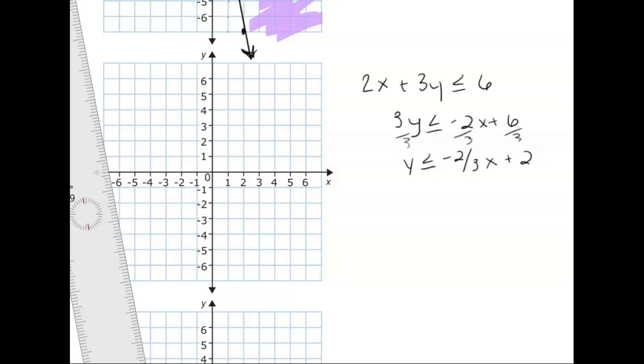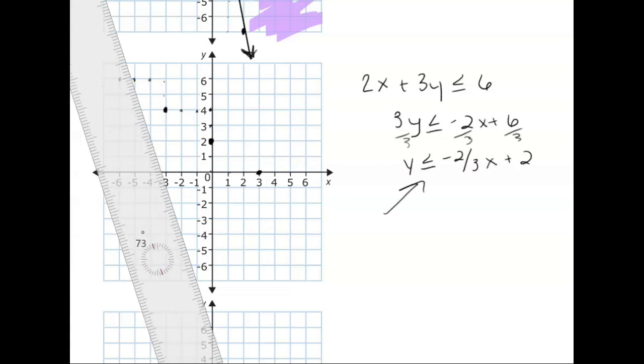So I'm going to start at 2 on the y-axis here. And my slope is up 2 over 3, but it's negative, right? So up 2 to the left 3, up 2 to the left 3, or you could go down 2 and to the right 3. Now, take a look at this.